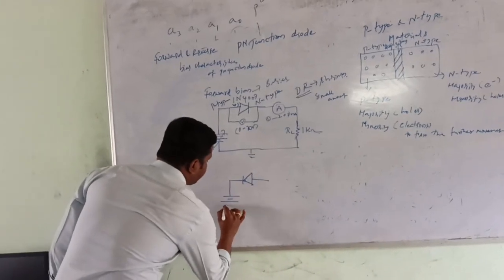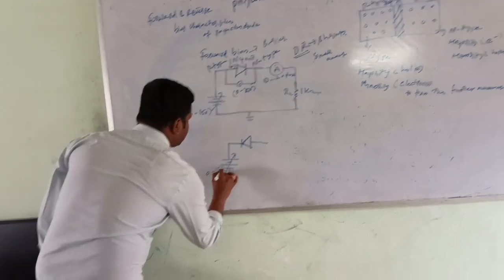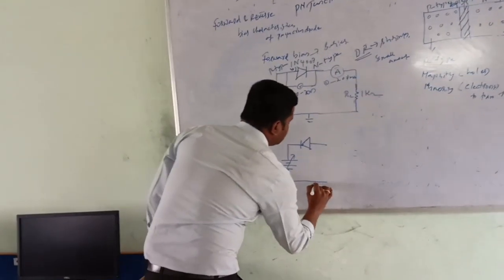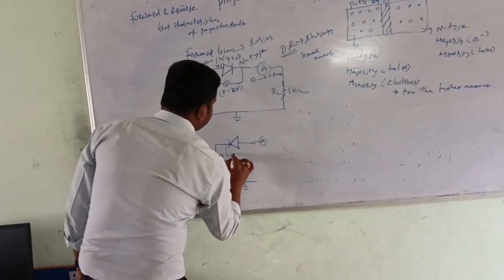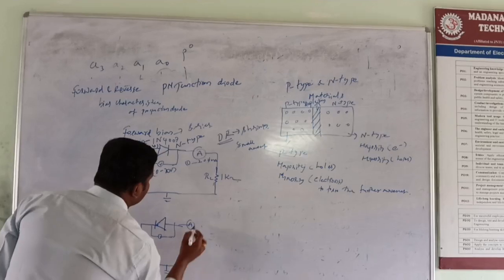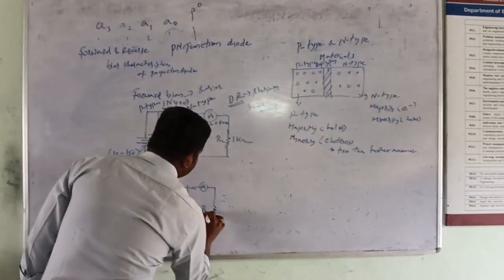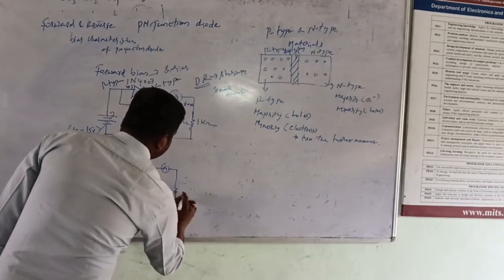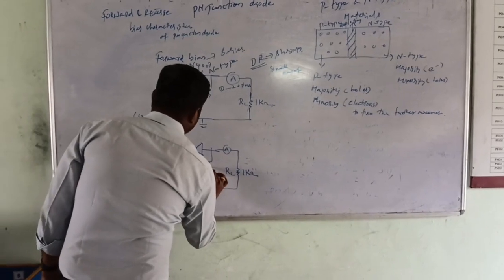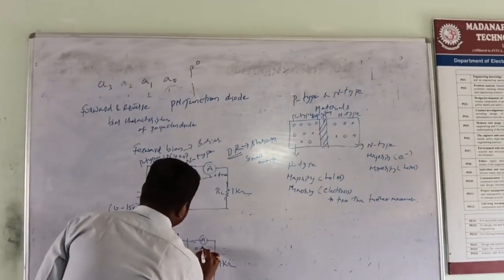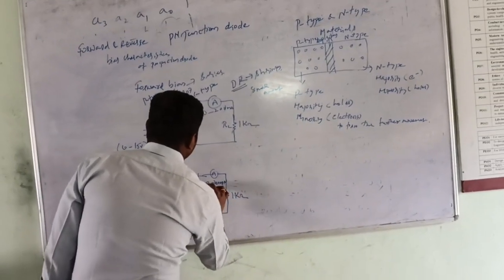Same power supply, ground, ammeter, voltmeter, RL 1 kilo ohm, 0 to 20 volts, 0 to 200 milliamperes.